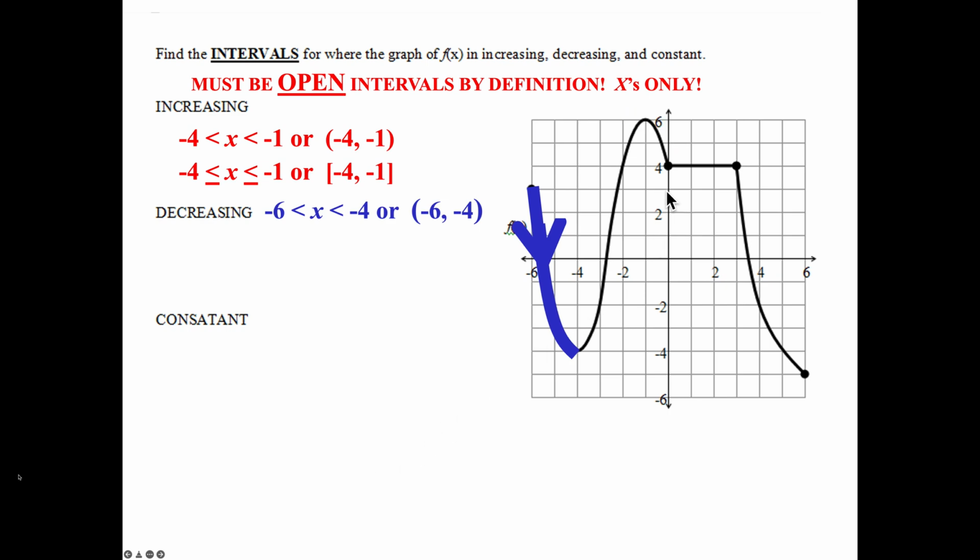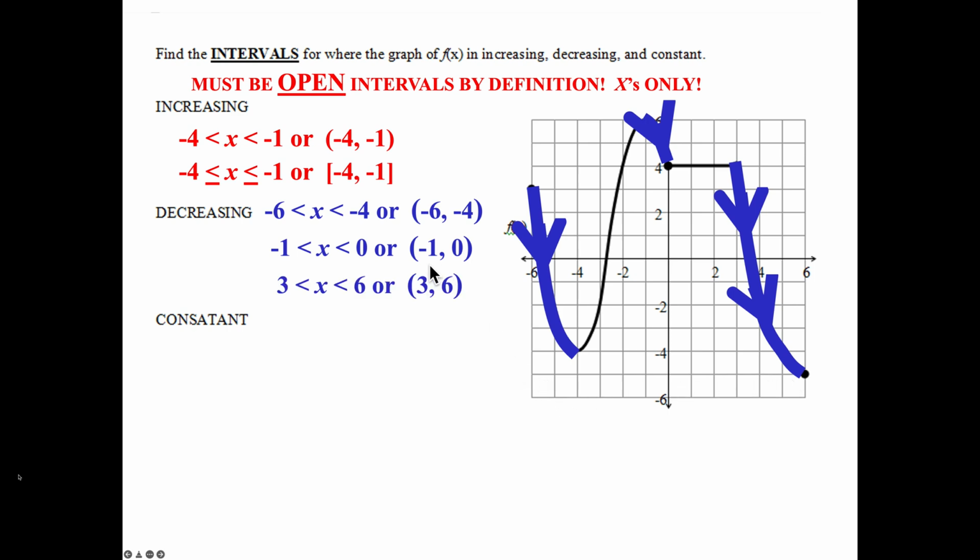My second decreasing section is very short, from -1 to 0, not the 4, that's a y coordinate, to the 0. And my third decreasing is from when x is 3 to where x is 6. Those are my 3 decreasing intervals right there.